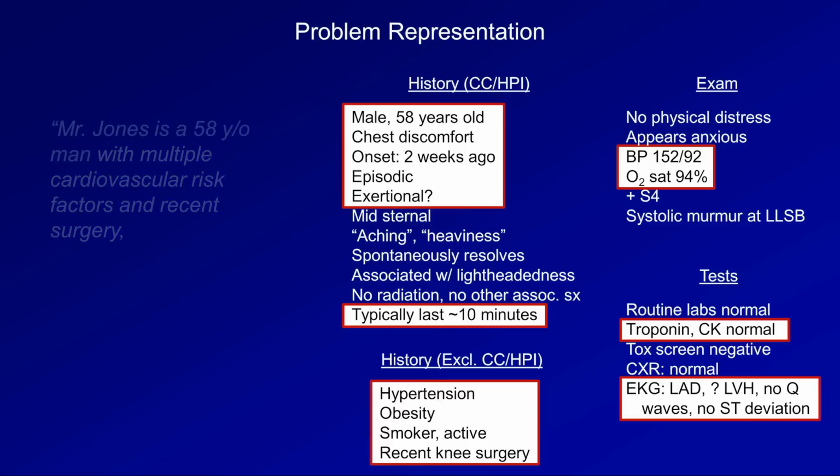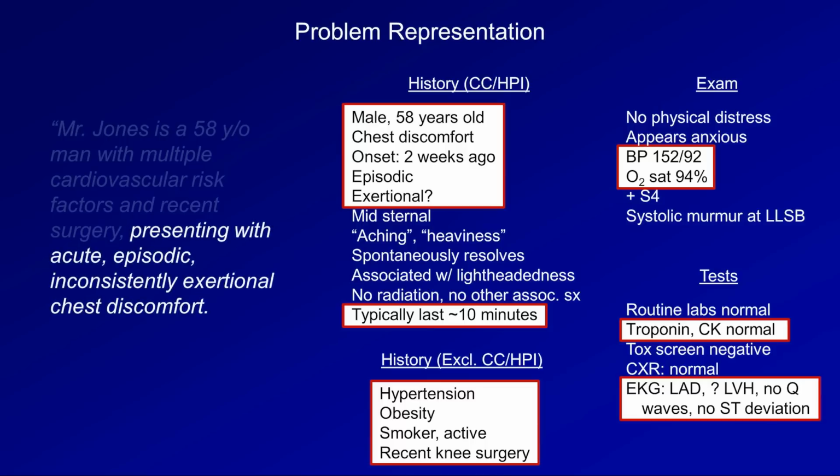When listing the key features of the chief complaint, I've already started using some semantic qualifiers, so if I continue that trend, we would say that he is presenting with acute, episodic, inconsistently exertional chest discomfort.